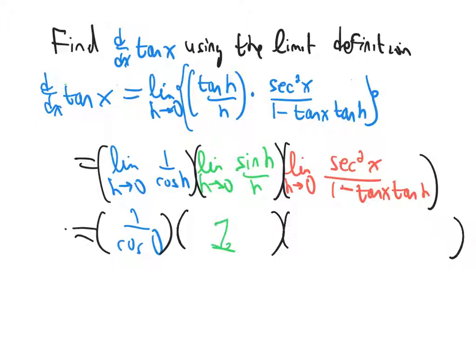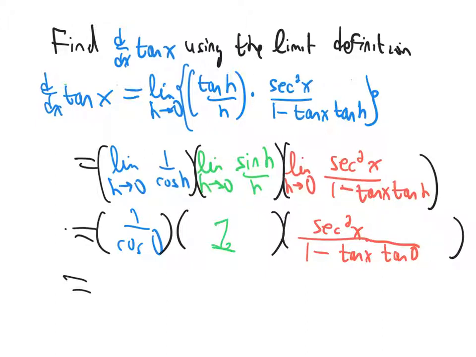But the key thing here is that all the x's are constant for this, and so all we really care about is tangent of h, but the tan of 0 is 0, so this becomes secant squared x over 1 minus tan x tan of 0. And the tan of 0, of course, is itself 0.